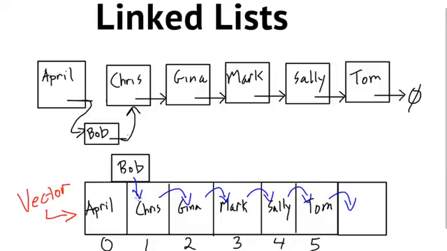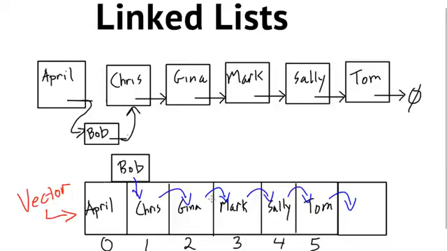Whereas in the vector, if we have to do an insertion or deletion, then we're looking at shifting elements over by 1, either to the right or to the left, depending on if it's an insertion or a deletion. So while the vector doesn't excel in terms of doing insertions and deletions, it does excel at being able to access any particular element in a constant amount of time.